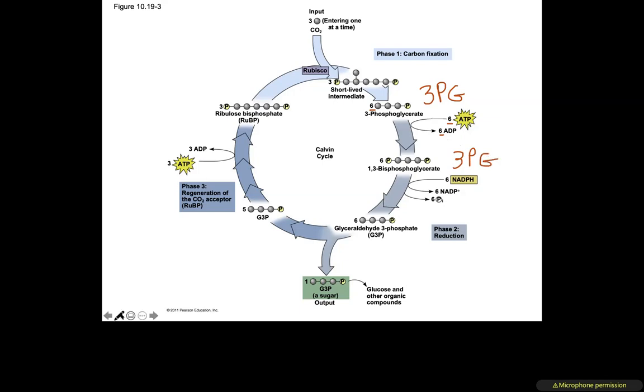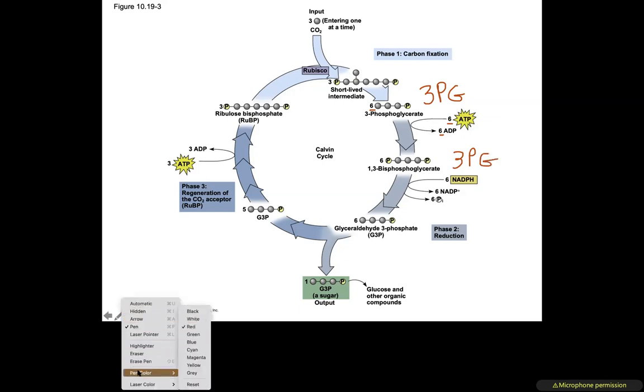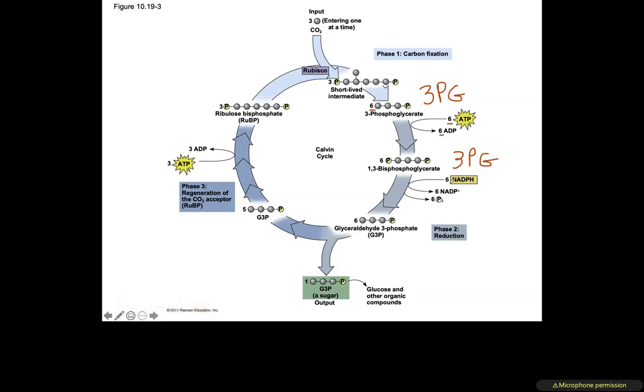And it dropped off a phosphate. Well, it changed into a new molecule called BPG. Can you see that? I put that in black. So 3-PG, 3-phosphoglycerate, after phosphorylation changed into BPG, which is 1,3-bisphosphoglycerate. Yeah, that's how I got through school.